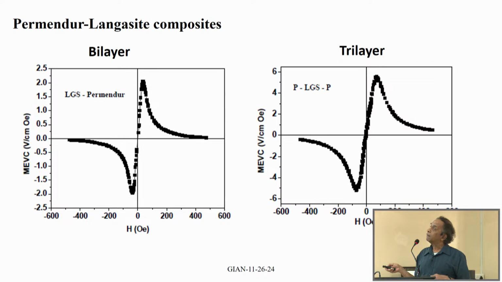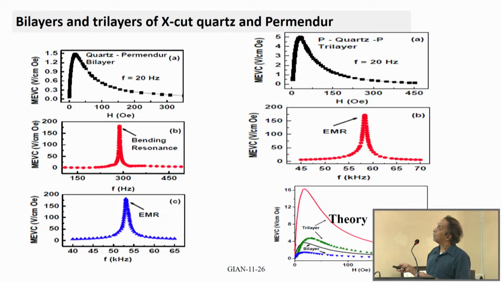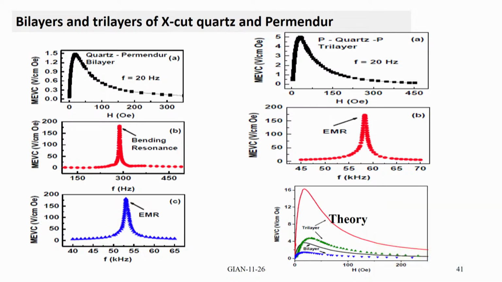And this is the same kind of data for LGS, langasite, and bilayers versus trilayers. It is very similar to what we saw for LGT. And these are similar data for quartz permendur bilayer, at bending mode, and at electromechanical resonance, that is longitudinal mode.